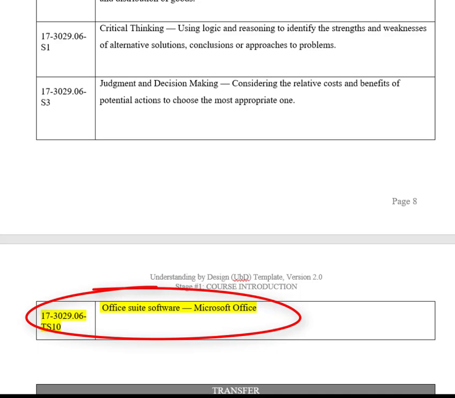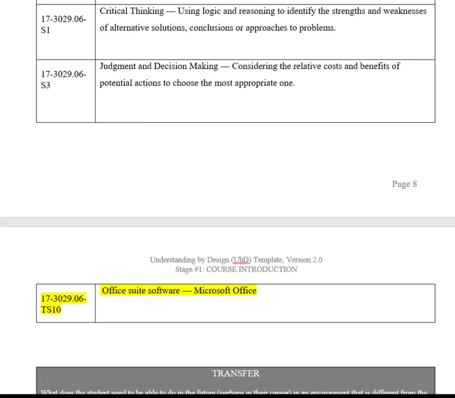Here I decided that I needed this competency, and it was listed under technical skill number 10, Office Suite software for Microsoft Office, because I'm going to have students do things that will require them to have that competency. So that was added later as an afterthought when I went through the next stages and realized I needed something added. And that's the perfect example of what this backward design is for, to keep everything aligned.